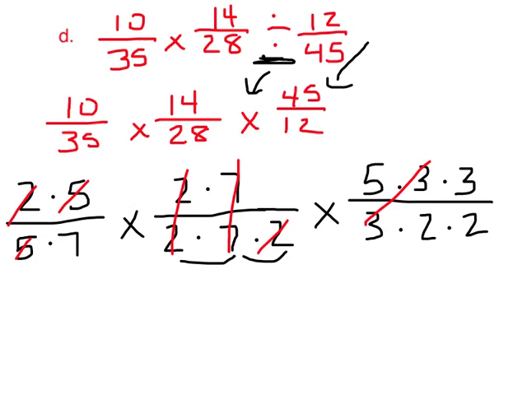A 5 and a 3, which would give me 15. And on the bottom, I'm left with 7 times 4, which is 28. So 15 over 28 would be simplified.